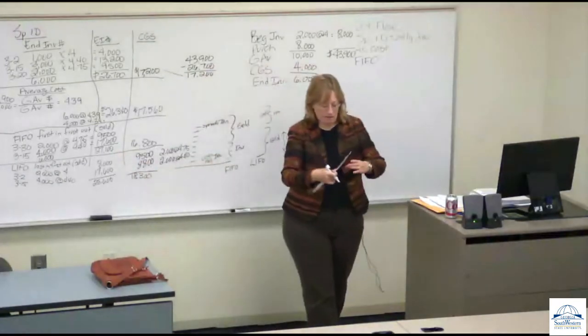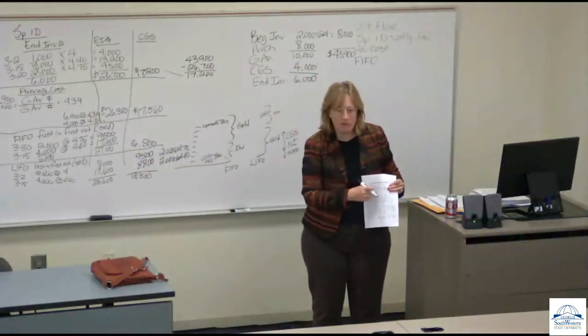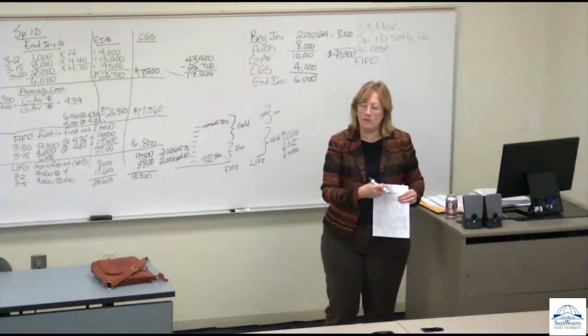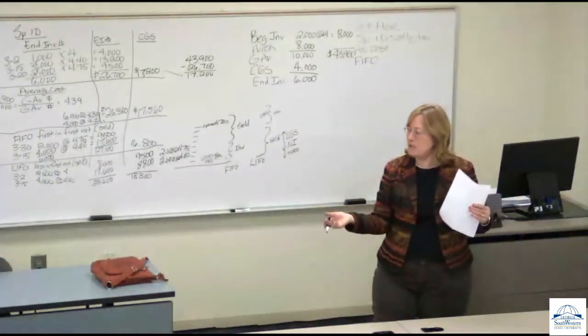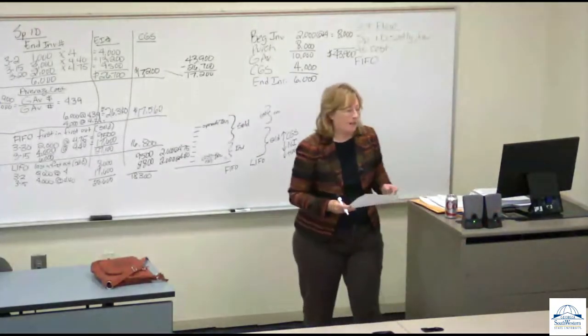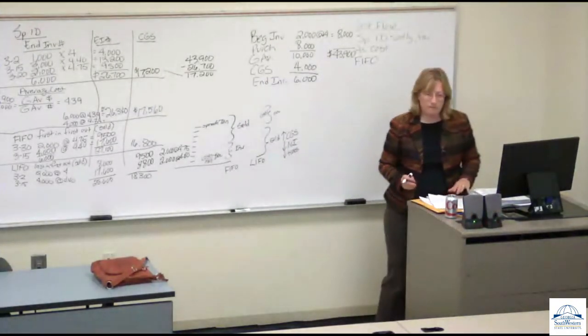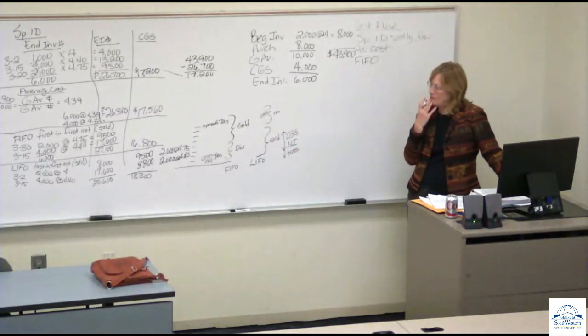Maybe even just draw a circle around the ones that are in ending inventory and the ones that are in cost of goods sold, or whatever, any way to make it make sense to you, okay? Questions about this part so far? FIFO and LIFO, does this make sense?